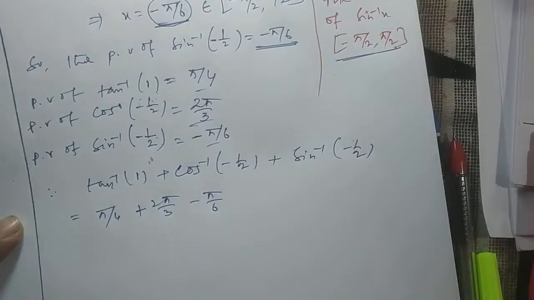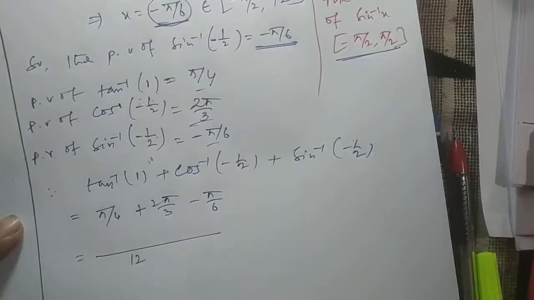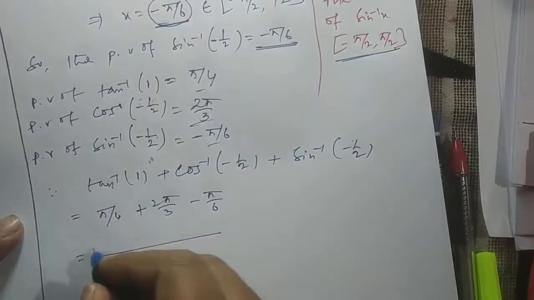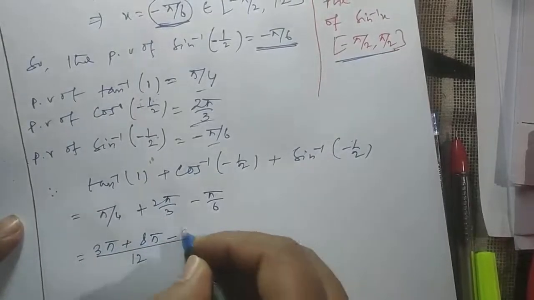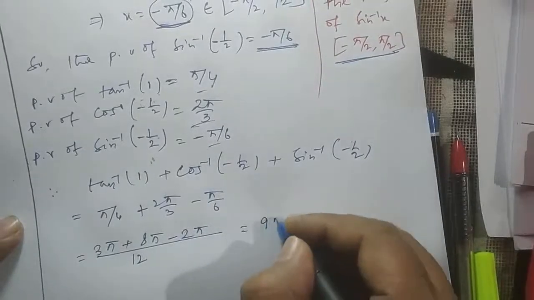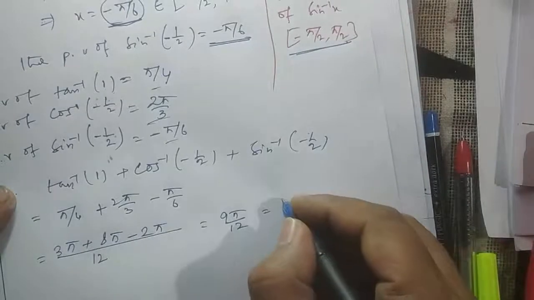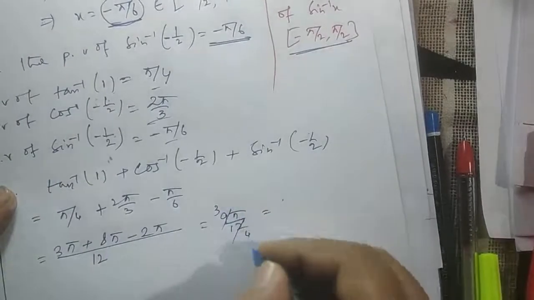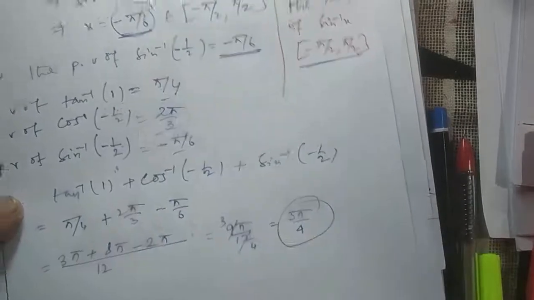Understood or not? Now doing the LCM, 12, it will be 3 pi, 8 pi, 2 pi, correct? 9 pi by 12 means 3 pi by 4. That is the answer of this given problem.